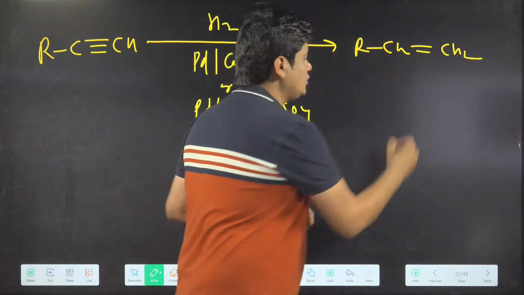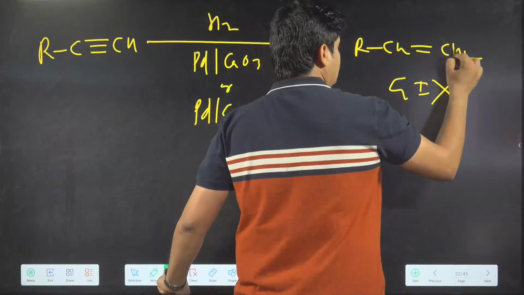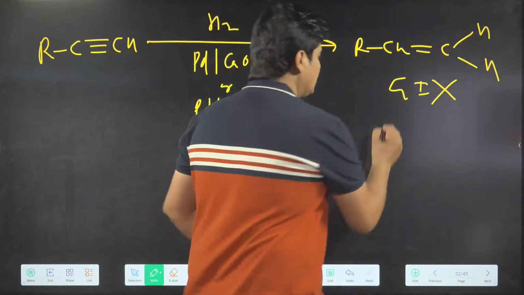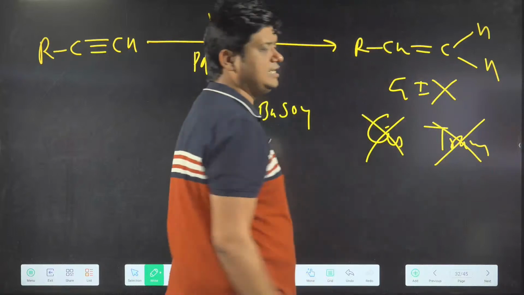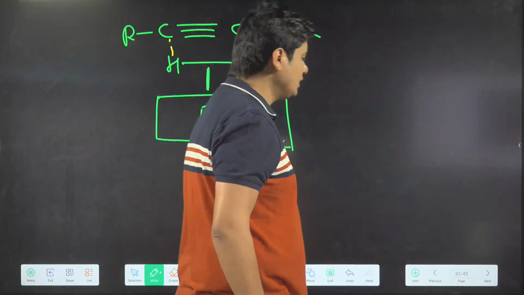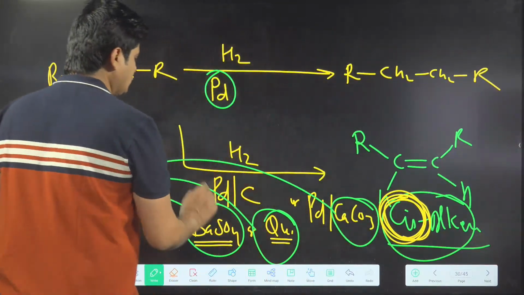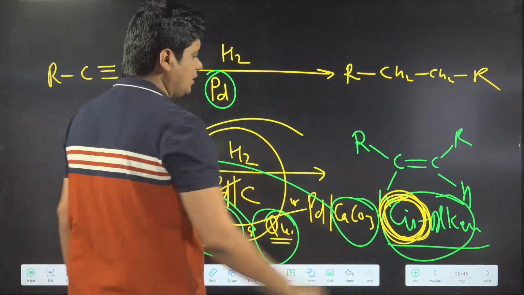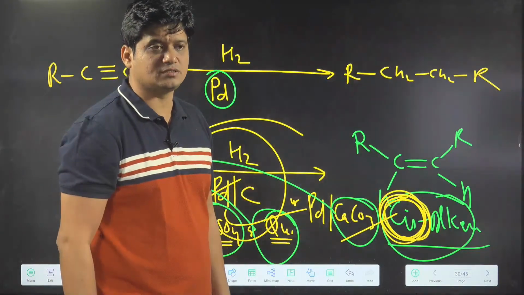There is no geometrical isomerism, these two atoms are the same, H and H. There is no concept of cis or trans for this alkene. That's why I'm saying cis alkene is formed by H2, Pd-C poisoned by barium sulfate or quinoline or calcium carbonate if there is a possibility of cis.